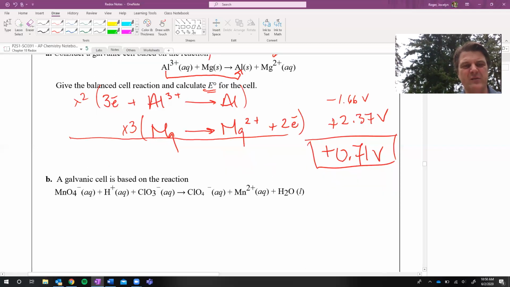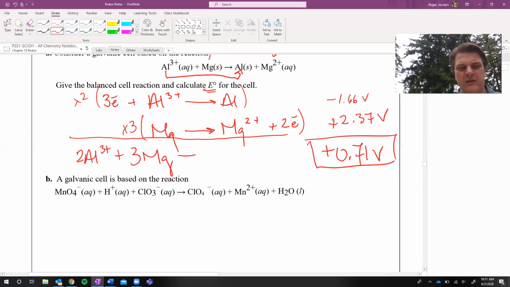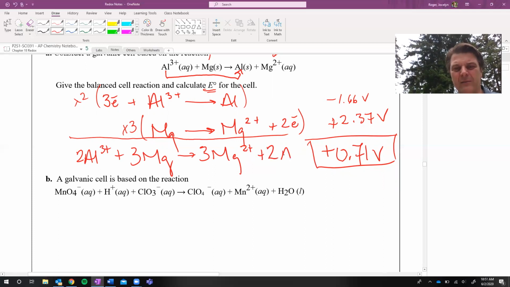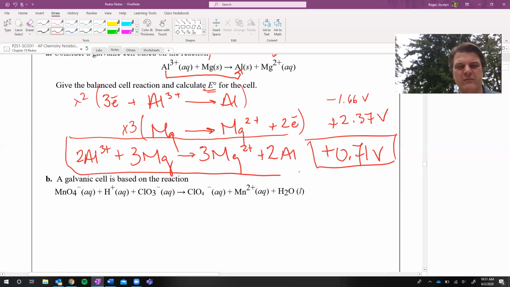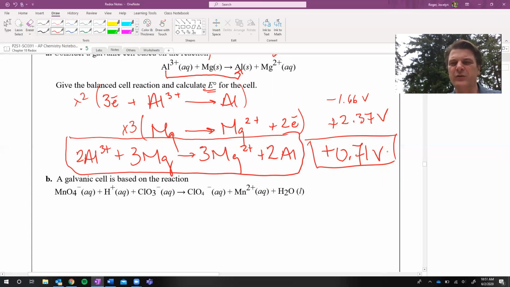So the process is going to be then 2 Al3+ plus 3 Mg gives 3 Mg2+ plus 2 Al. So this is the balanced equation, and that's the voltage.